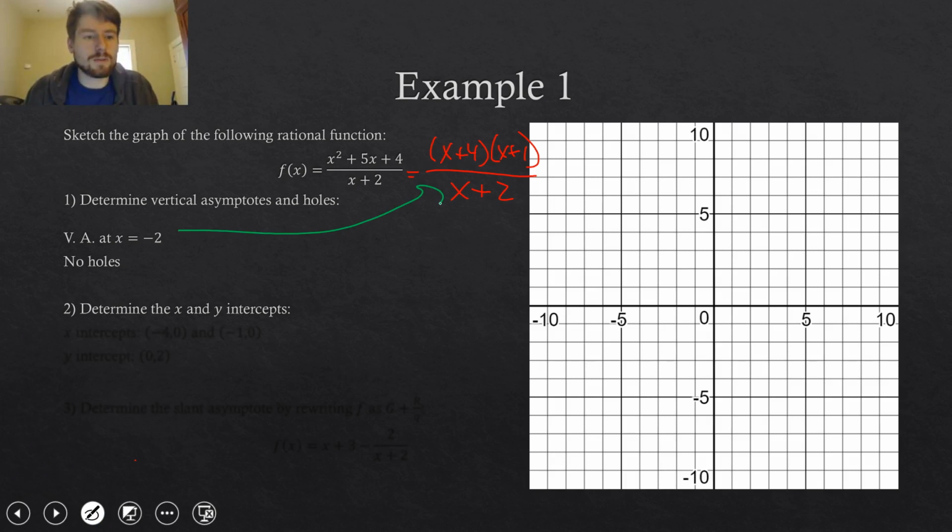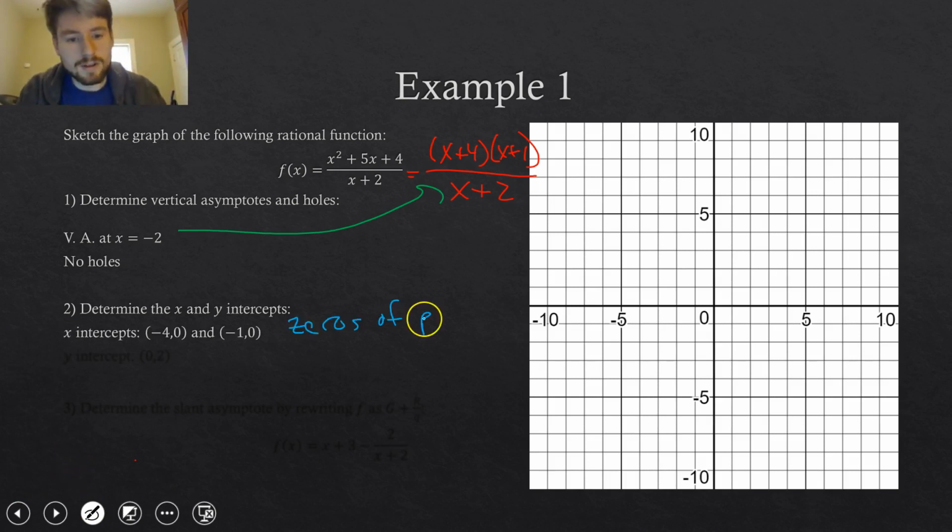Now we'll determine the x and y intercepts. Well, those are pretty simple as well. The x-intercepts are going to be zeros at the top, zeros of p. So we look at the numerator and we see (-4, 0) and (-1, 0) are going to give us x-intercepts. And our y-intercept would be evaluating the function at 0.